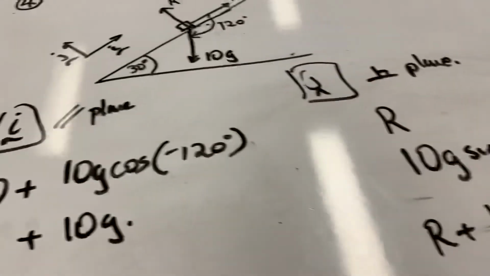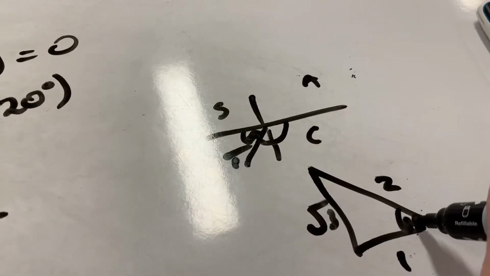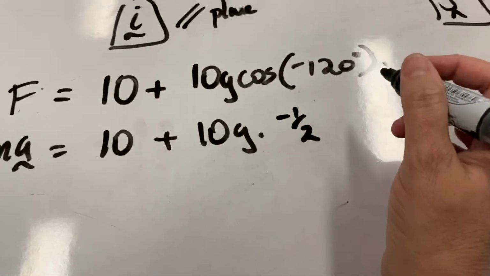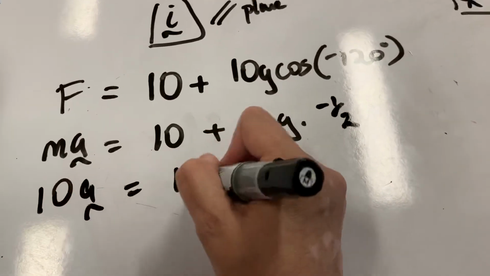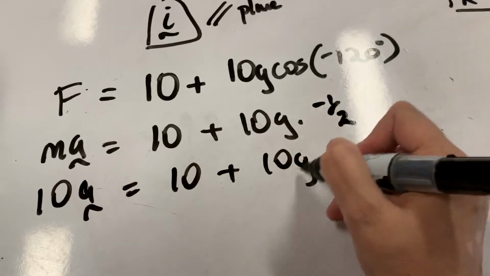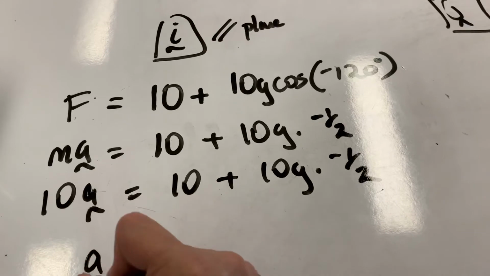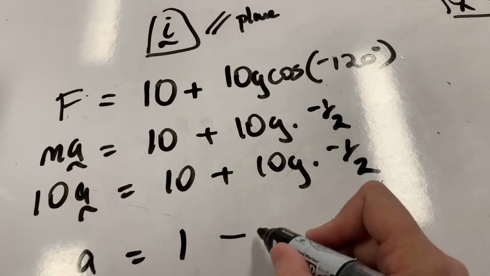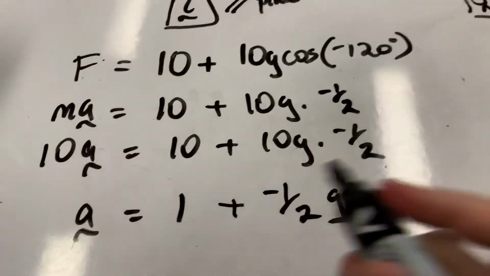Now cos negative 120, so it will be negative also, but cos is a half. So times negative a half. Our mass is 10. So divide through by 10, acceleration is 1, take, or plus negative, a half G.